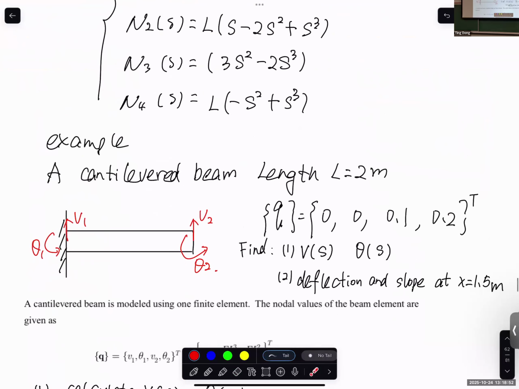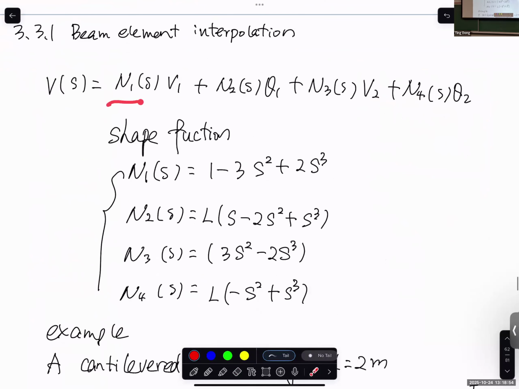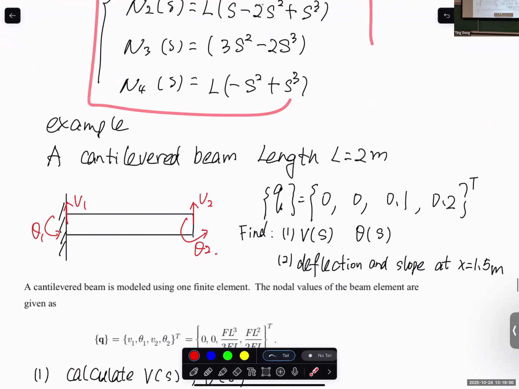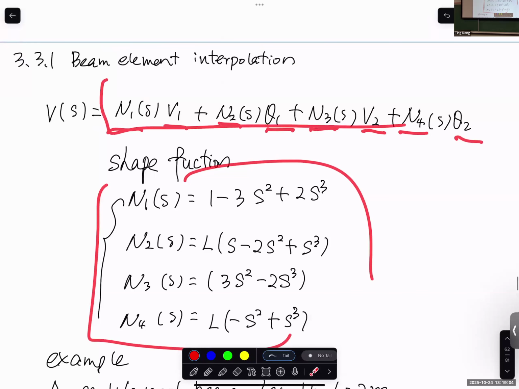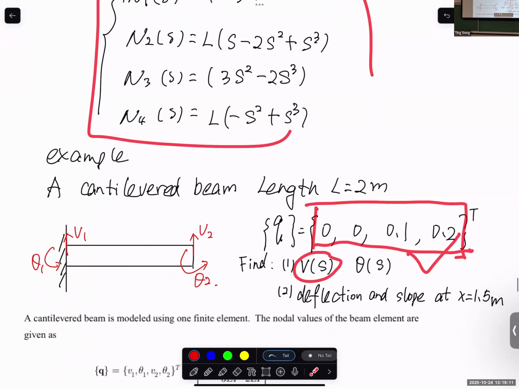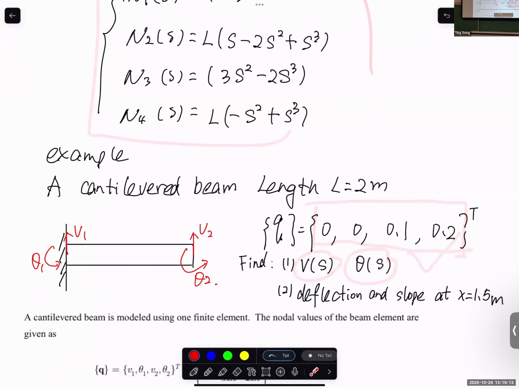You just take one derivative. So N1, V1, N2, theta 1, N3, V2, N4, theta 2, and these are the 4 shape functions. In the example problem we did in class, of course, v(s) is a direct application of this: you plug in the V1, theta 1, V2, theta 2, right? And rotation is the derivative of the deflection.